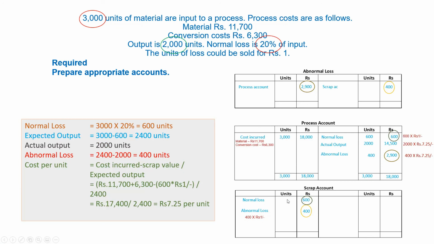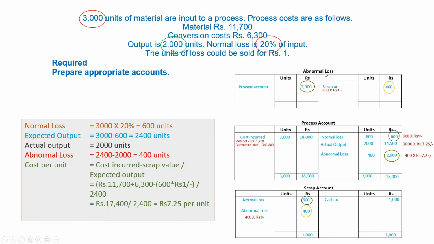Then the entire units, 600 and 400, will be sold at the rate of 1 rupee. So you can debit the cash account and credit the scrap account. Thereby the scrap account will be 1,000.